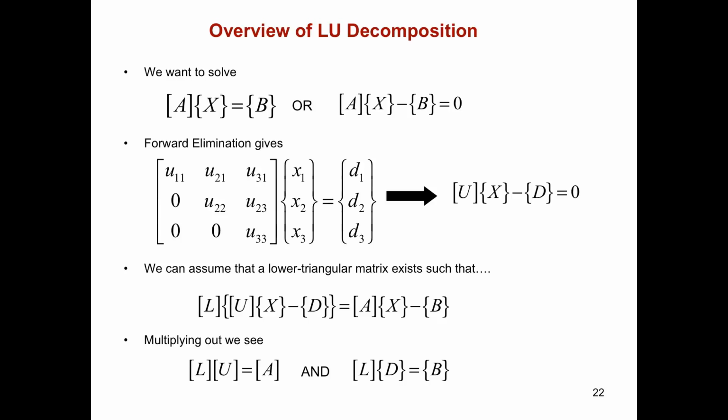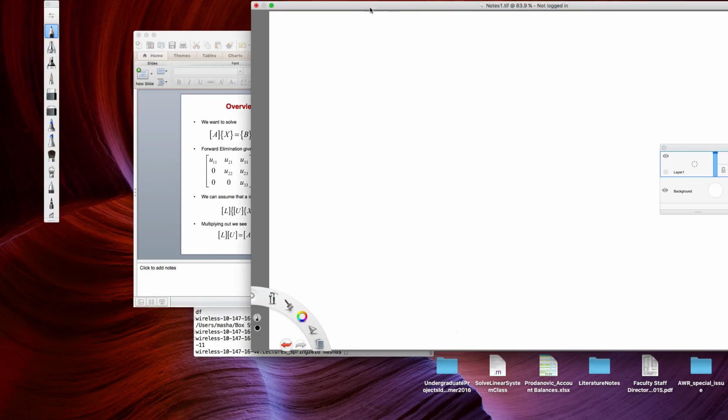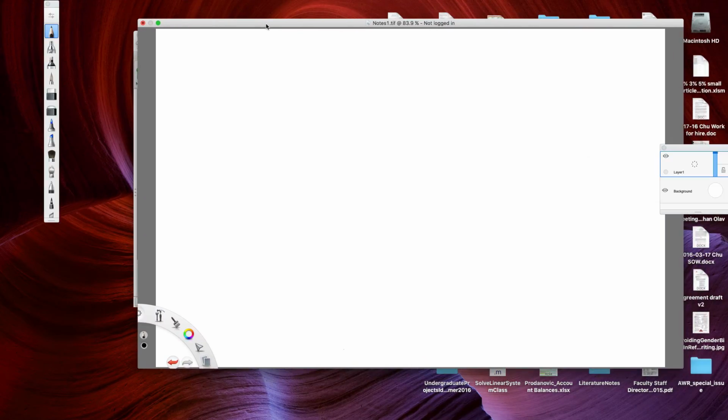Okay. So the example we're going to solve is as follows. LU decomposition.